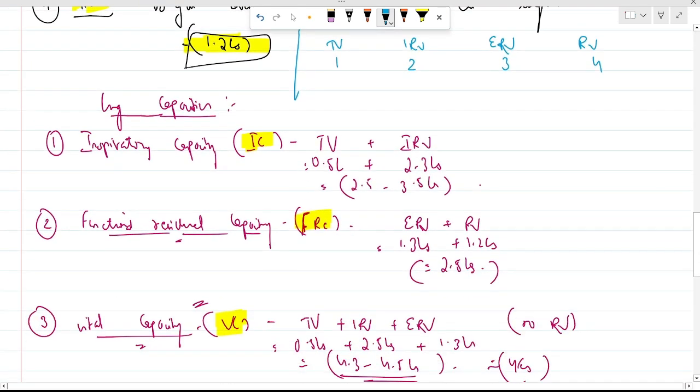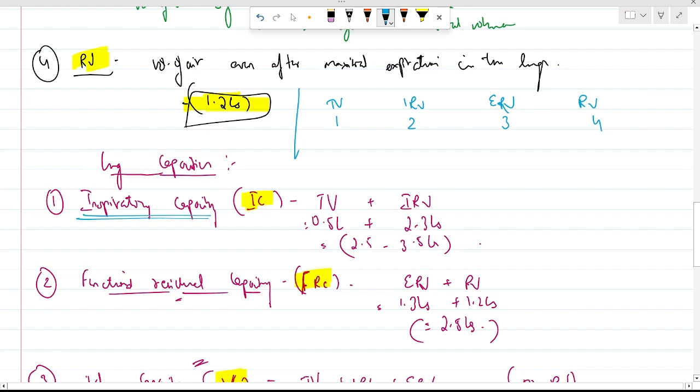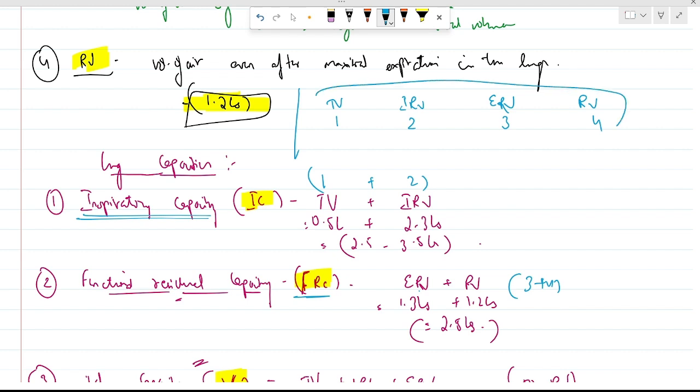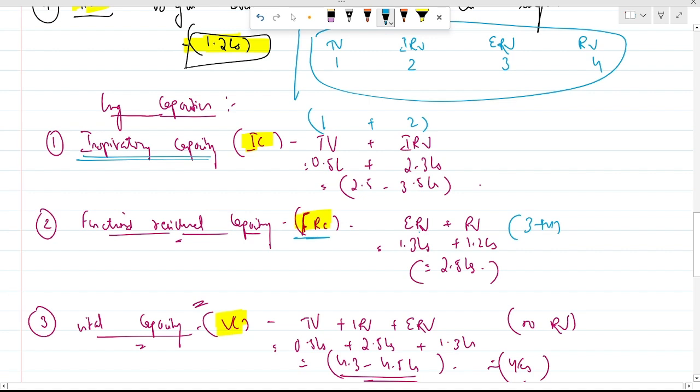In chronological order, first is inspiratory capacity: tidal volume plus inspiratory reserve volume, which is 1 plus 2. Then functional residual capacity: expiratory reserve volume and residual volume, which is 3 plus 4.